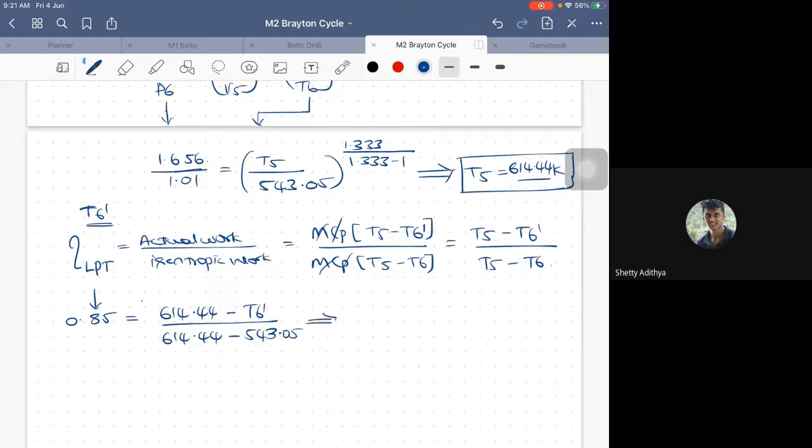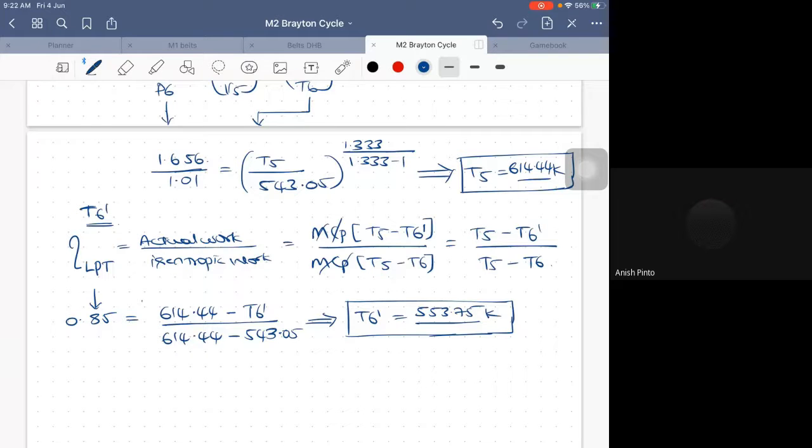So from this, can I have the value of T6 dash? 553.75 Kelvin.